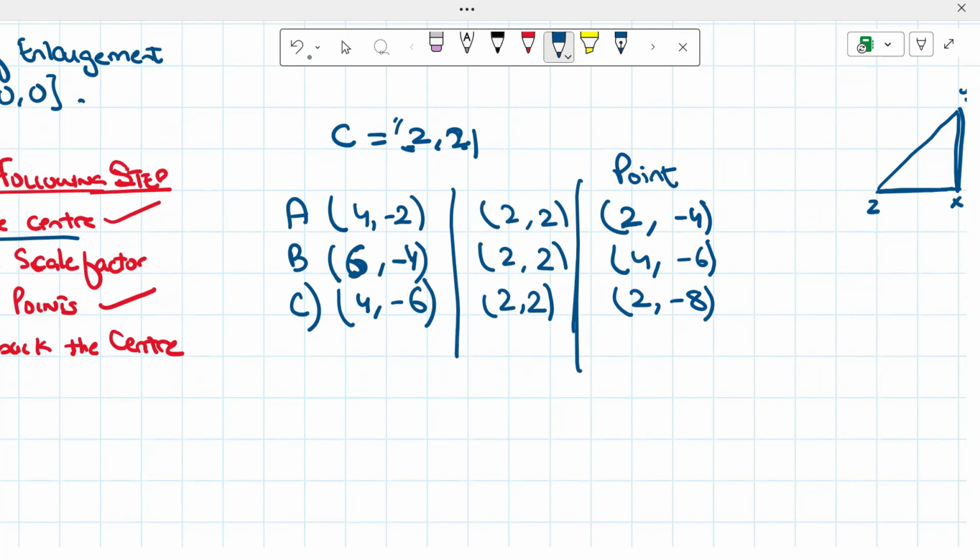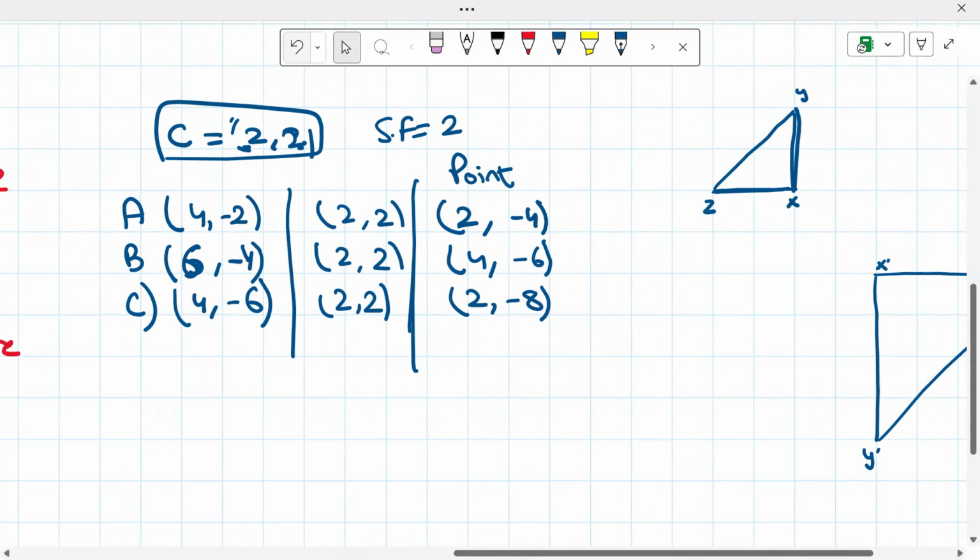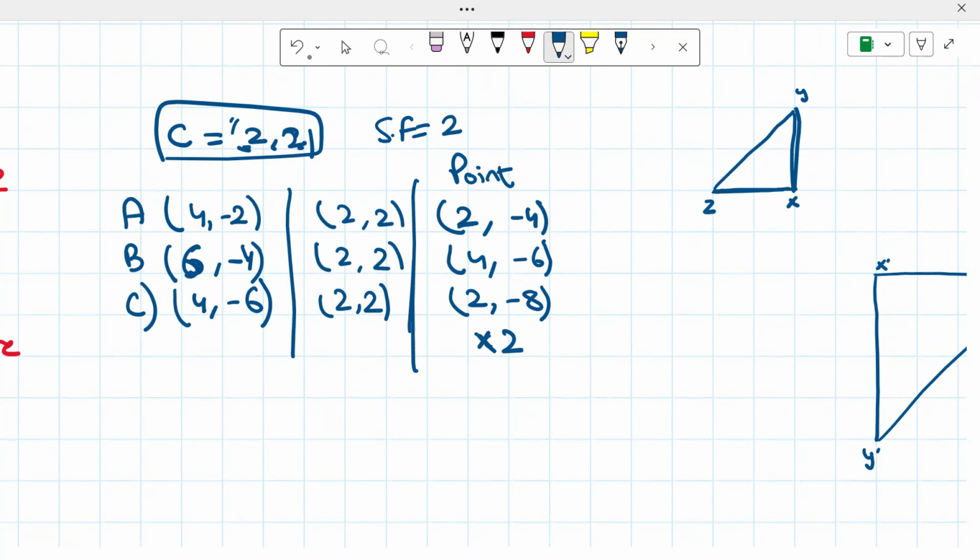We will multiply this with a scale factor. Over here, I've given you a center. Now let's consider the scale factor as 2. Okay, so I'm going to multiply these points by 2. The first point will be 4 and minus 8.